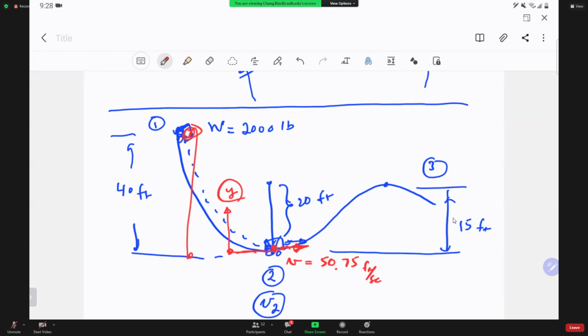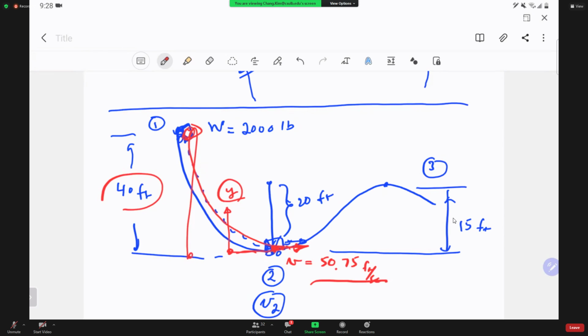This is initially at rest, let it go. When it passes through the height of 40, the velocity that it reaches at point 2 is 50.75. So that's how you compute the velocity.